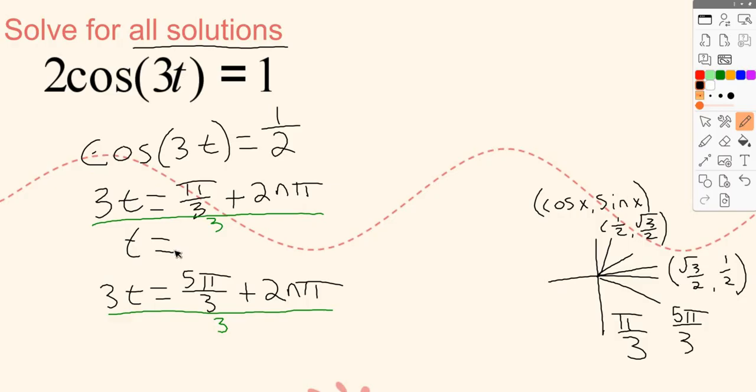So I get t equals, and be careful on this one. What is pi over 3 divided by 3? Because remember, dividing by 3 is the same thing as multiplying by 1/3, which is why I get pi over 9. What do we think a really common answer right there would be?